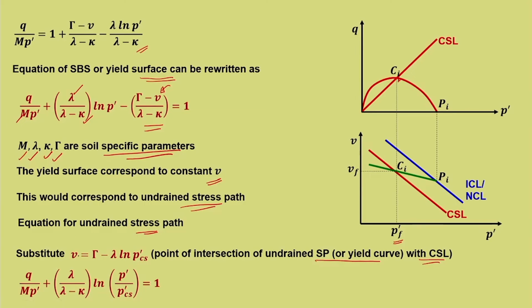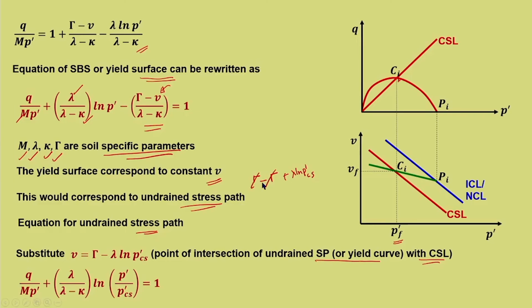Now if you substitute for V here, we have gamma minus gamma, here it will be plus lambda ln p dash cs.